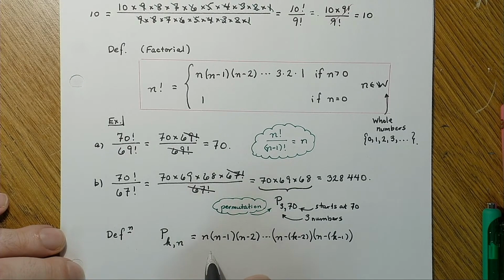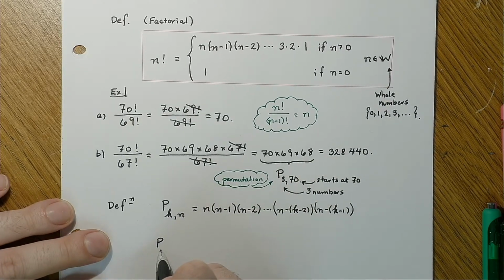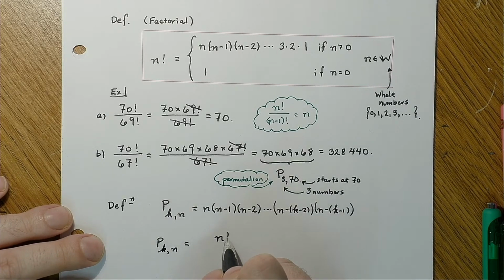And so we can also come up with a different formula for this. P of k, n is equal to n factorial over n minus k factorial.